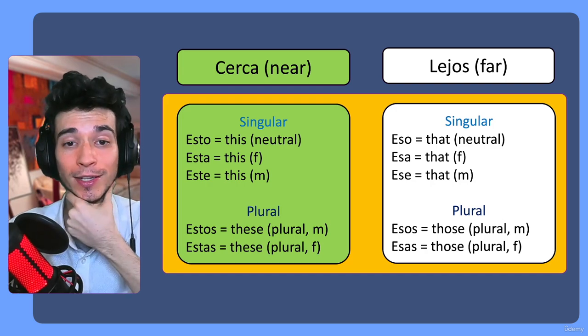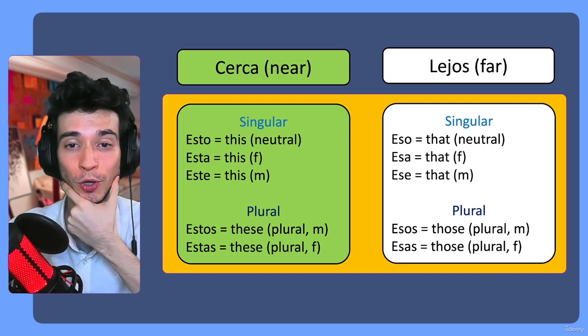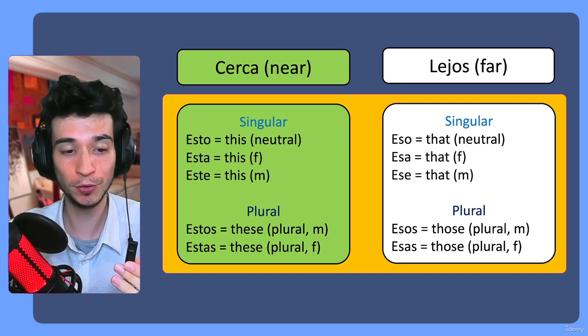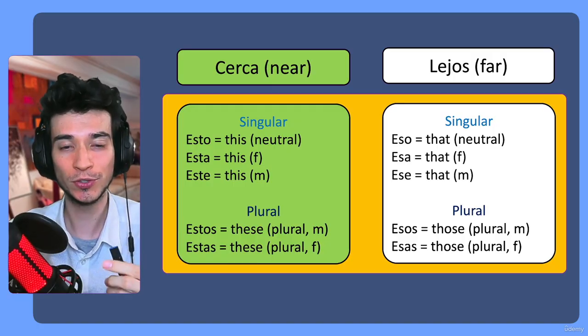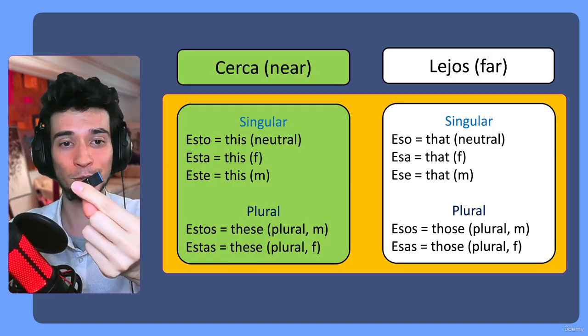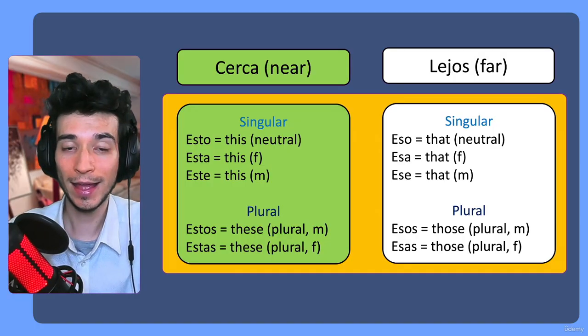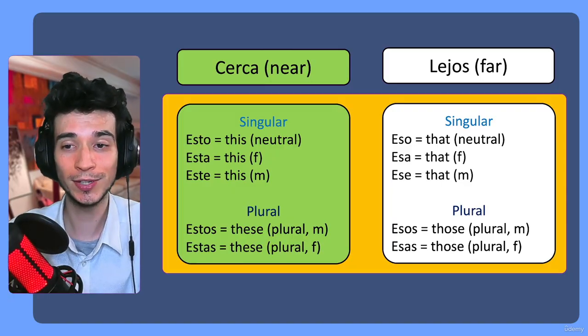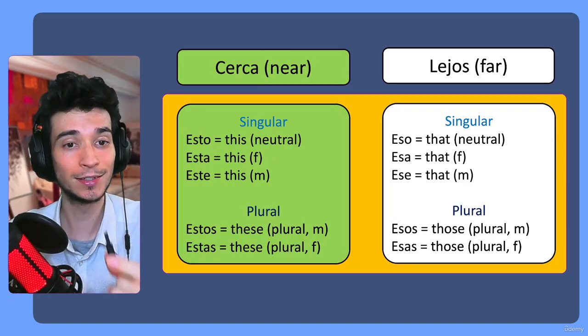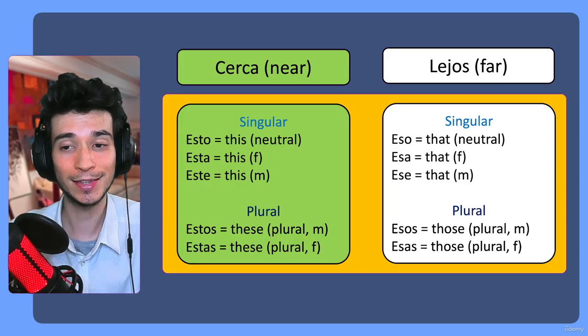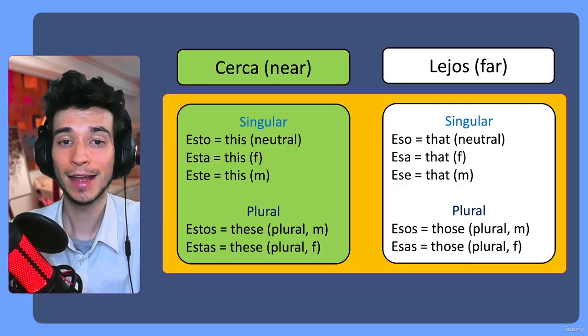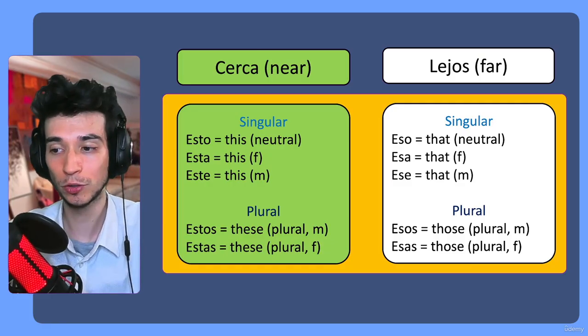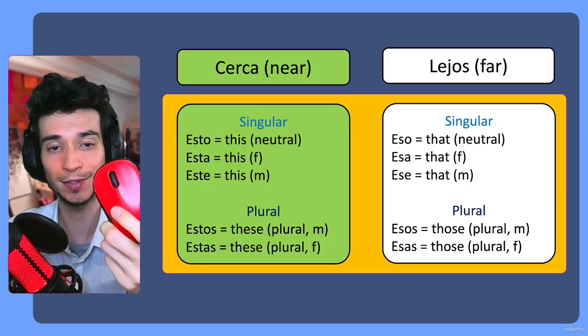And esto is actually neutral. When you don't know what it actually is, when you don't know the gender, you would say esto, this. And if it's female, you would say esta, this, but female. Esta. And if you know the gender is male, you would say este, this.